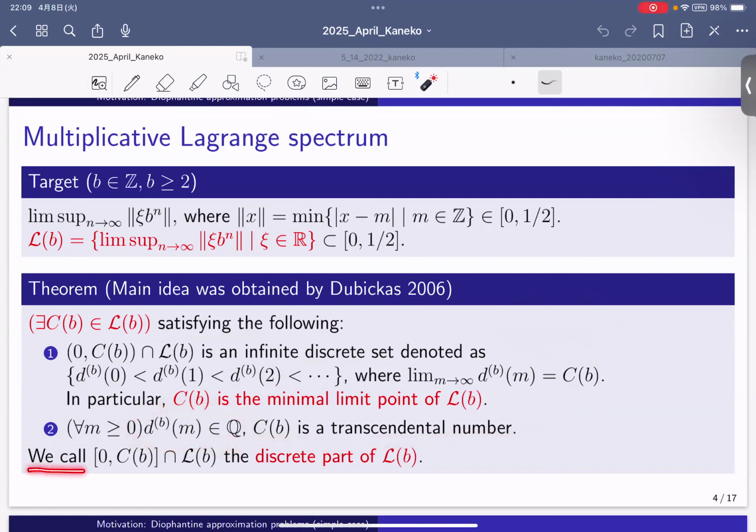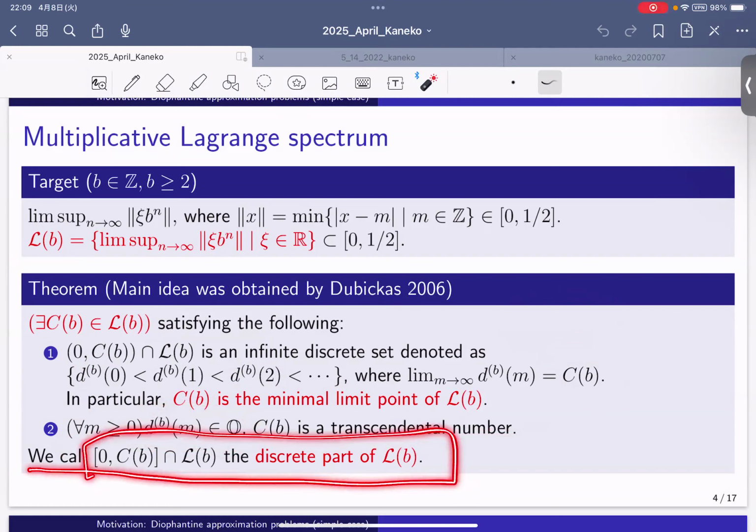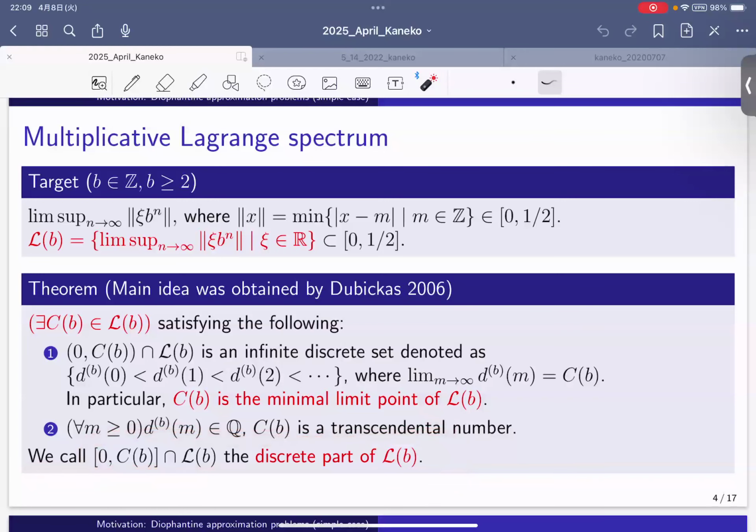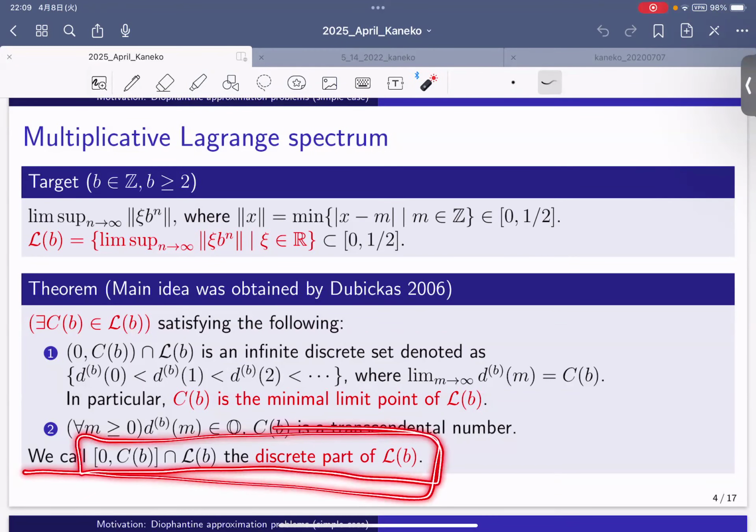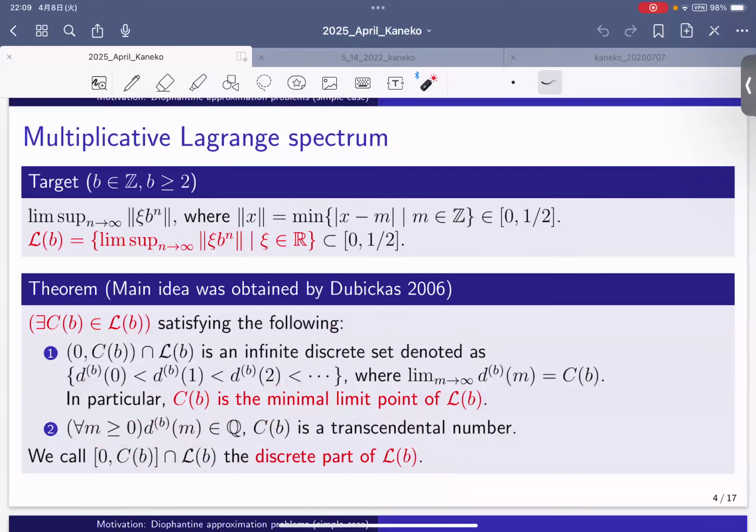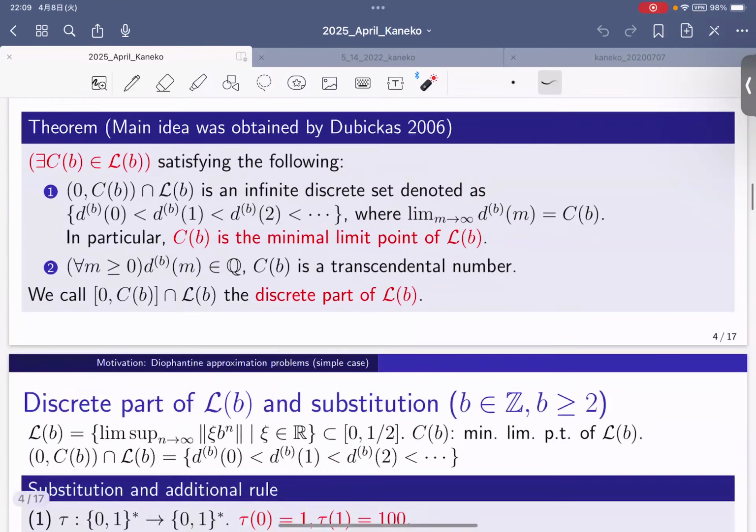We call this part the discrete part of L_B. I wanted to talk about this set because the base b expansions of these numbers are related to substitutions. Substitutions are related to word combinatorics. I would like to talk about the details in the next slide.